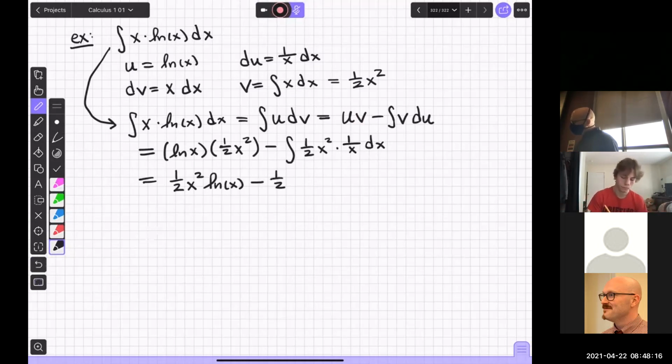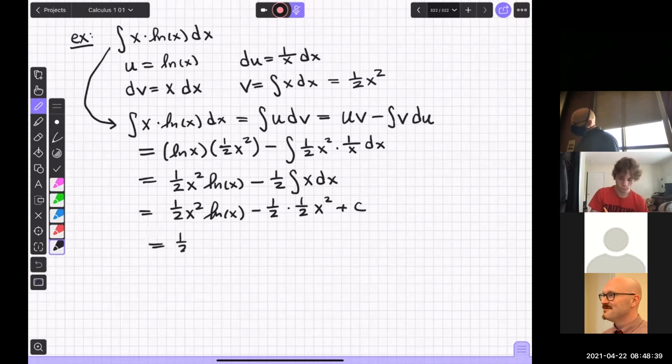Let's pull that constant into the front. And let's simplify the x squared times the 1 over x as just x. And we're done.